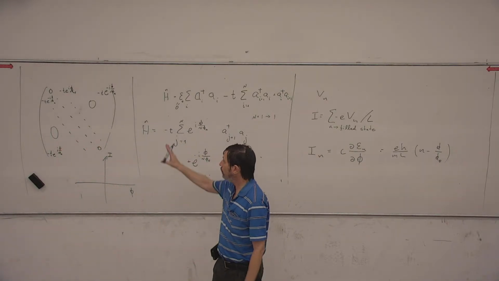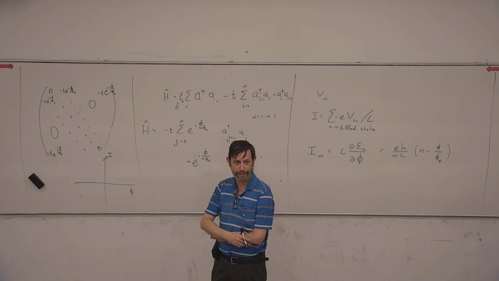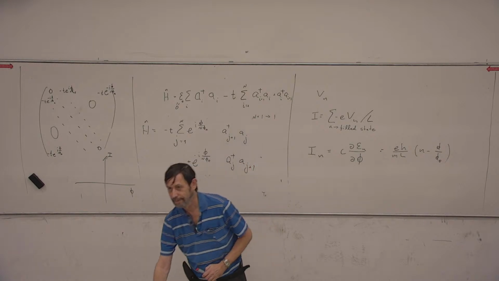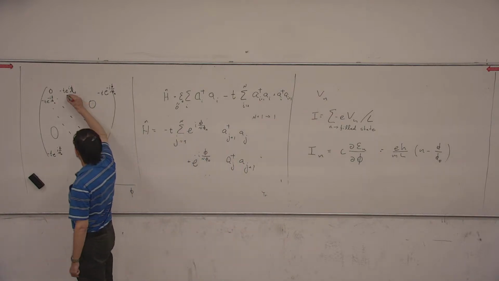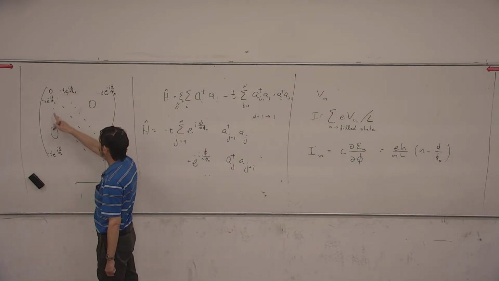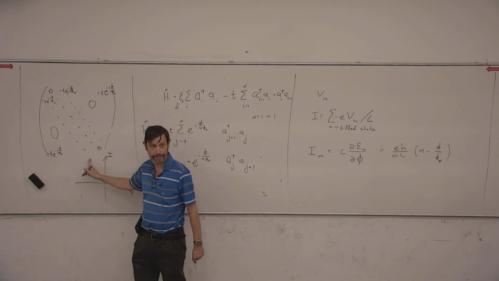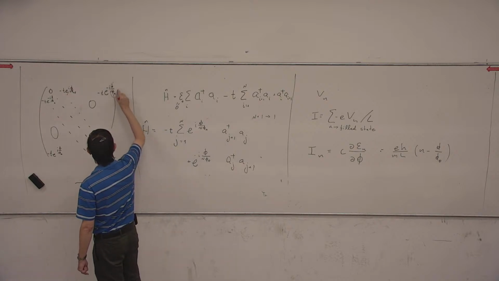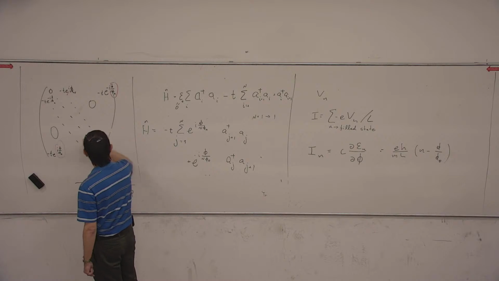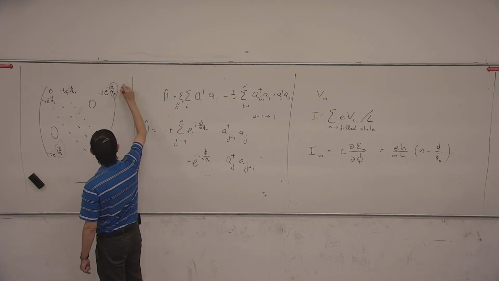I could rewrite this matrix by eliminating phi on all the diagonals and replacing it here and here by n times the flux.